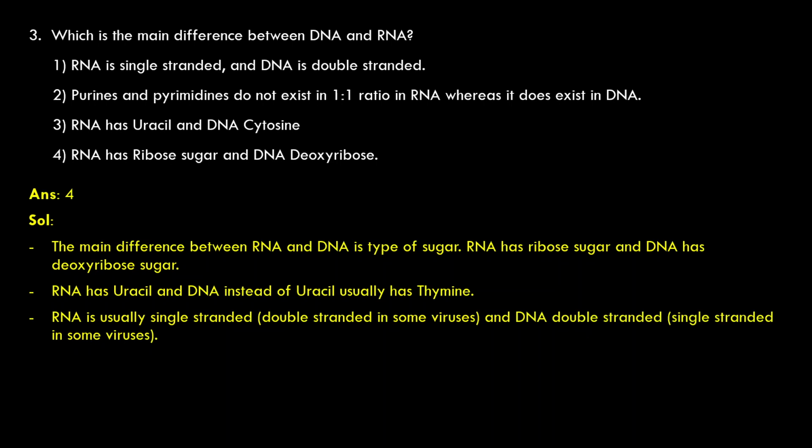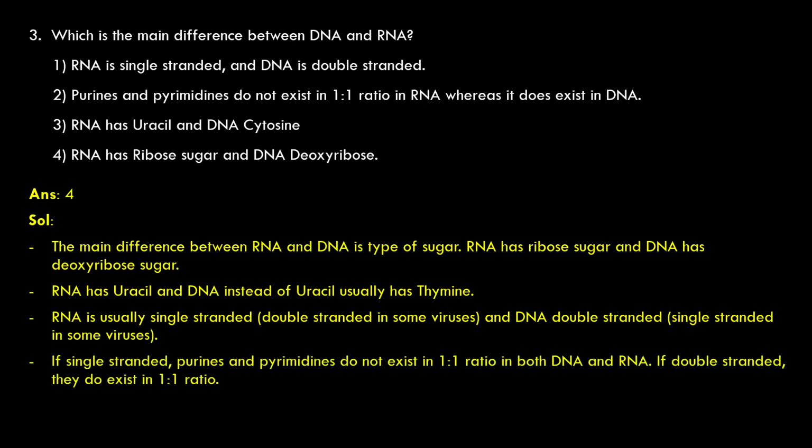RNA is usually single-stranded, yes, and DNA double-stranded. But there are cases where the RNA is double-stranded in some viruses and DNA is single-stranded in some viruses. If single-stranded, purines and pyrimidines do not exist in 1:1 ratio in both DNA and RNA. If double-stranded, then only in RNA and DNA, purines and pyrimidines exist in 1:1 ratio.